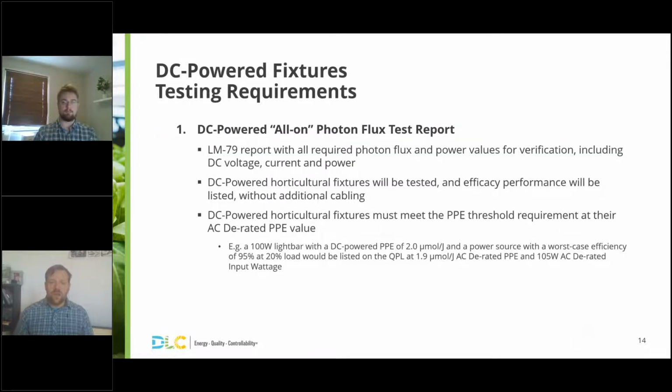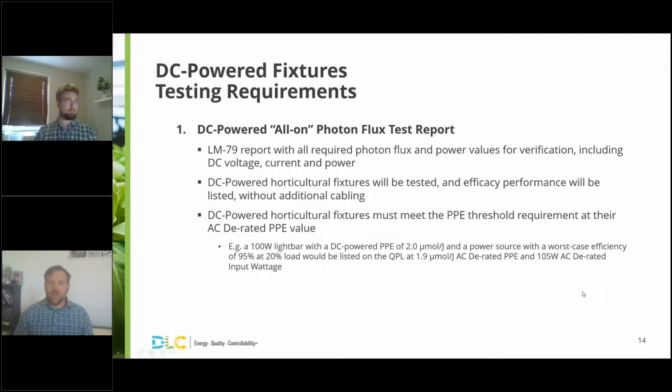This is the fairly simple report of photon flux and power consumption with a DC powered input. In evaluating DC powered products for qualification, it's important to remember this last bullet here: the technical requirement for photosynthetic photon efficacy, that's PPE, needs to be met by the AC-derated PPE value, and not just the DC PPE value that's shown on this LM79 report.